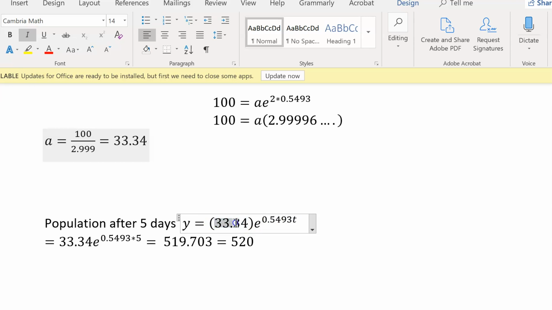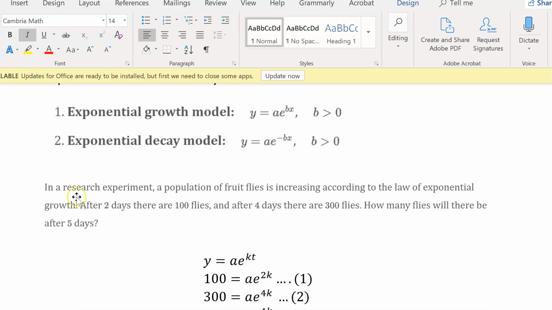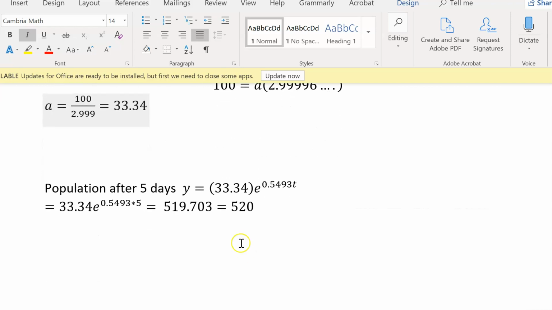We found a and we found k, and we wrote the equation. Only now can we answer the question. What is the question that they're asking? How many flies will be there after 5 days? Remember, you can answer the question only after you find a and k and write the equation with numbers plugged in for a and k.